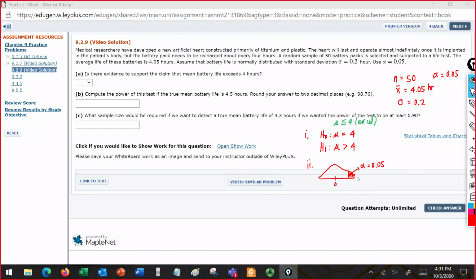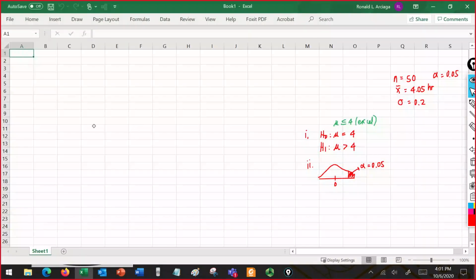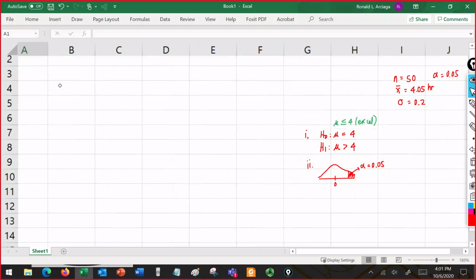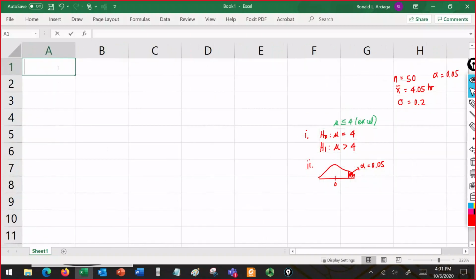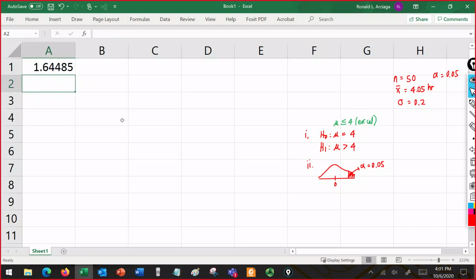Or remember, we can use the Excel NORM.S.INV. If area to the right is 0.05, the area to the left is 0.95. That's 1.64.